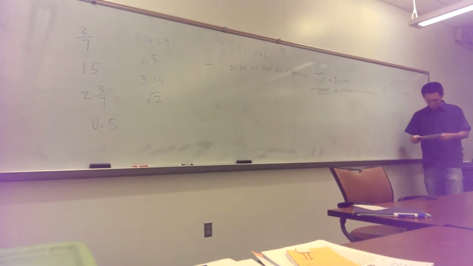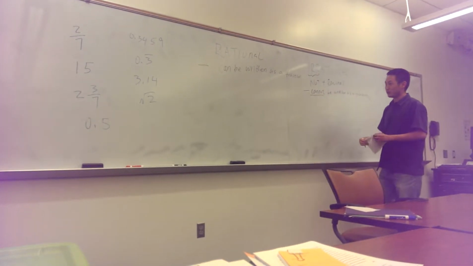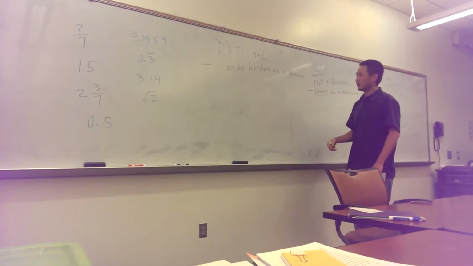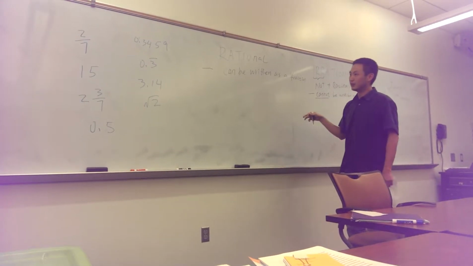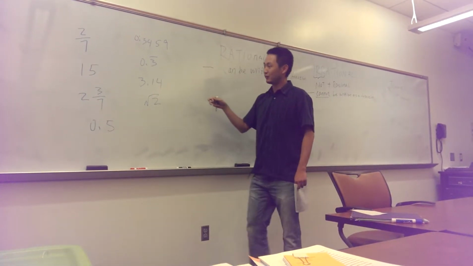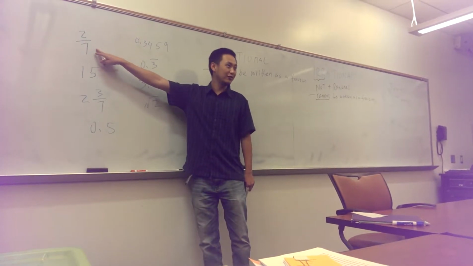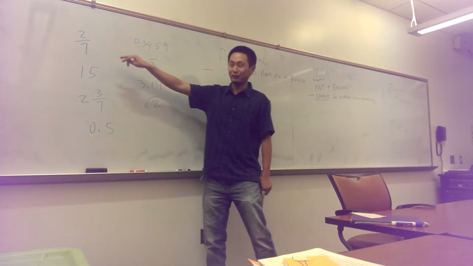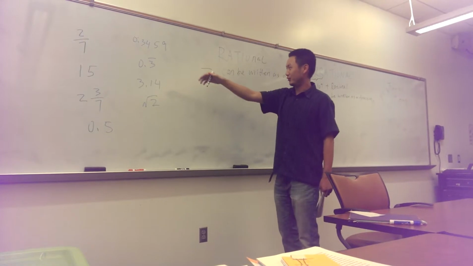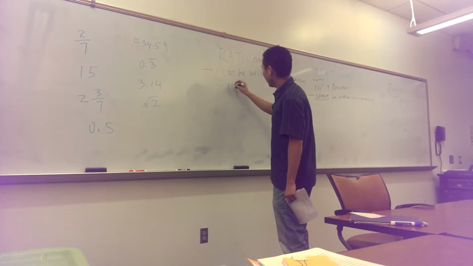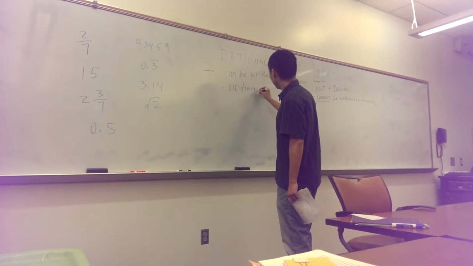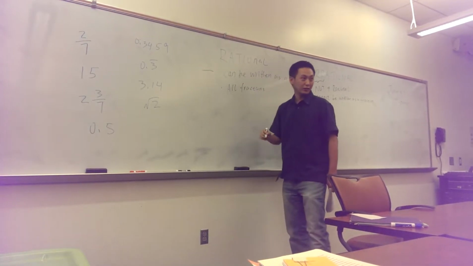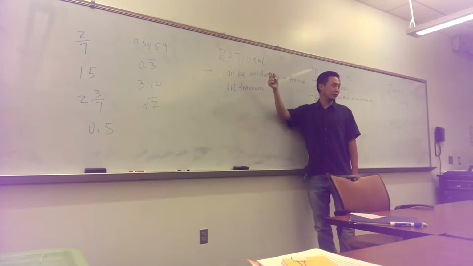Okay. So let's take a few examples and see which one they belong to. See if we can identify if they are rational or irrational numbers. First one, 2/7. Rational. That's kind of obvious. All fractions are rational numbers.